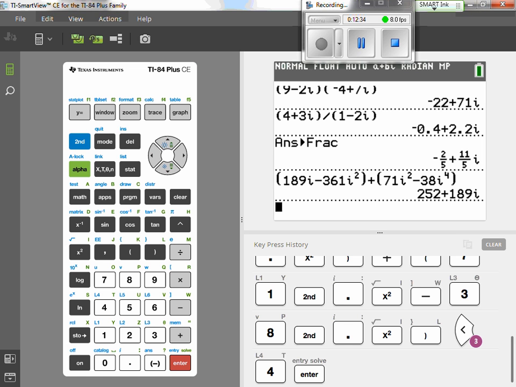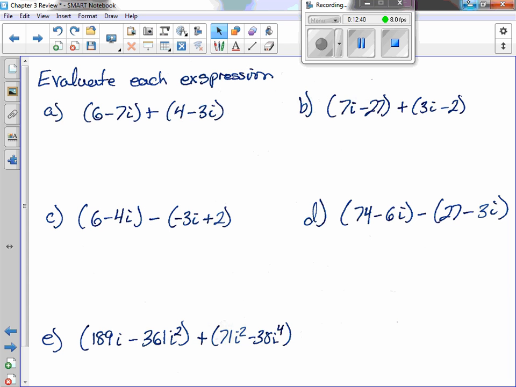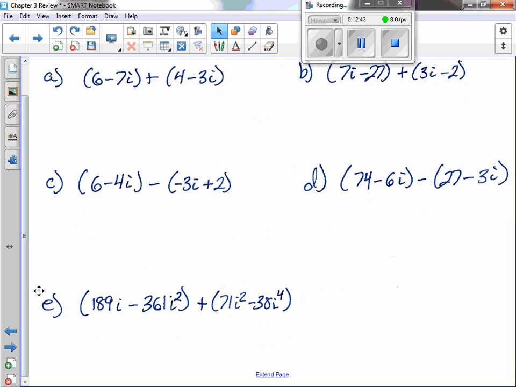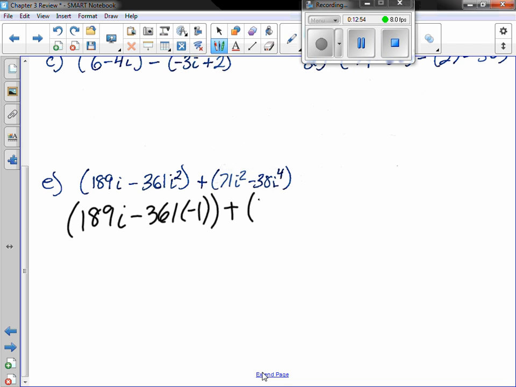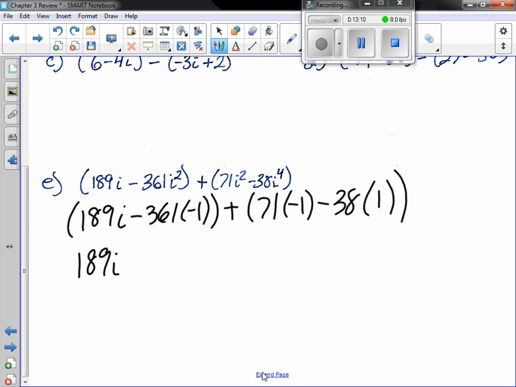Any questions on this here? Now, if I wanted to do this one by hand, what do I know about i squared? i squared is -1, and i to the 4th is just 1. So I could have simplified those, because any power greater than 1 we have to simplify. Well, here we're just going to have 189i. Negative and negative is going to make a positive.